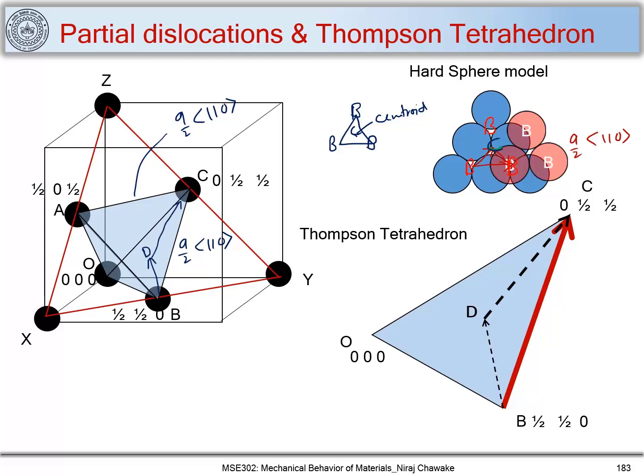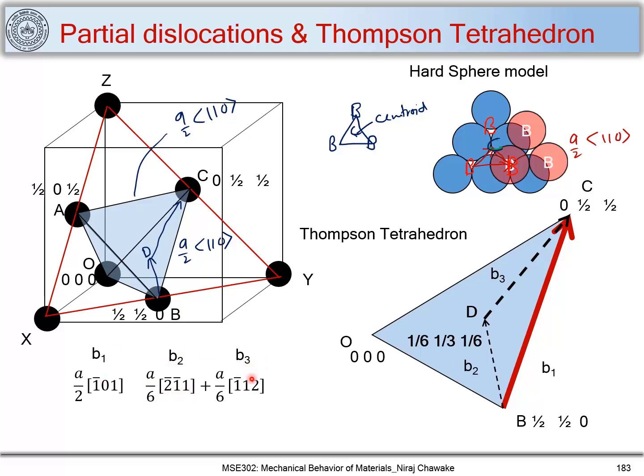Let's consider this as D, and we can find the coordinates of this point D as 1/6, 1/3 and 1/6. Now you can find the Burgers vectors. Let's consider these as b1, b2 and b3, and let's mark the vectors along them. So you have b1 as a/2 [-1 0 1], and b2 and b3 are a/6 <2 1 1> type or <1 1 2> type.